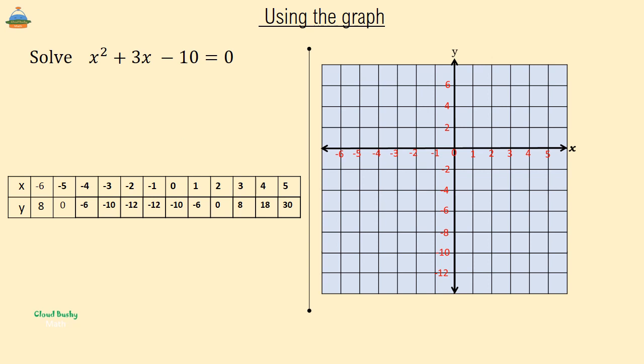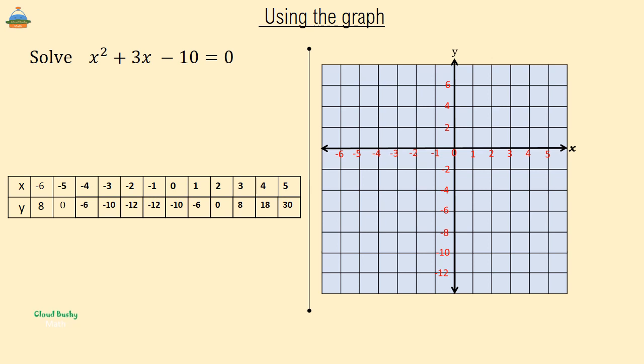Let's proceed to plot some points on the grid that is on the right-hand side of the screen. On the grid, we have also chosen numbers from -6 to +5 on the x-axis.